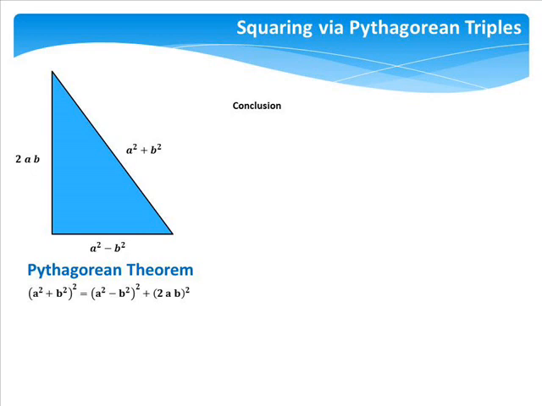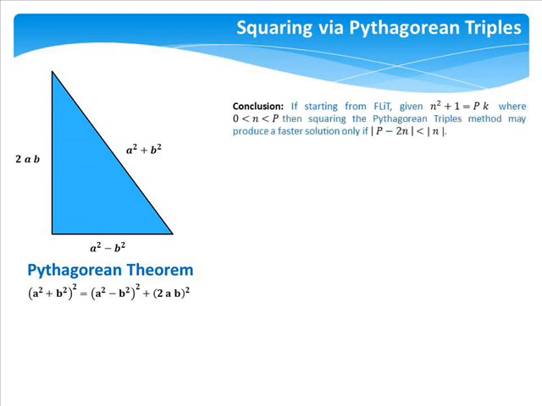Conclusion. If starting from Fermat's little theorem, given n squared plus 1 equals p times k, where n is bigger than 0 and smaller than p, then squaring the Pythagorean triples method may produce a faster solution only if the absolute value of p minus 2 times n is smaller than the absolute value of n.